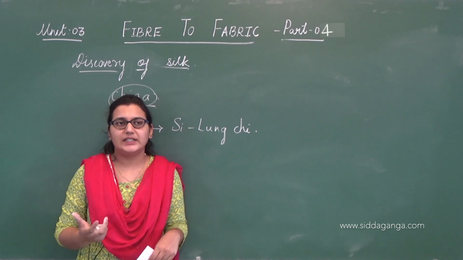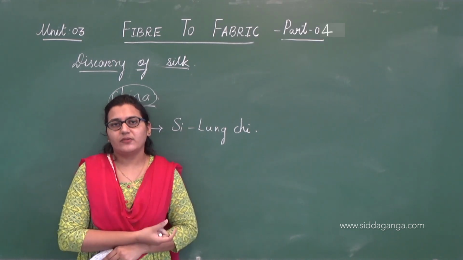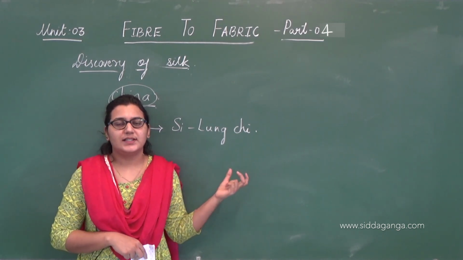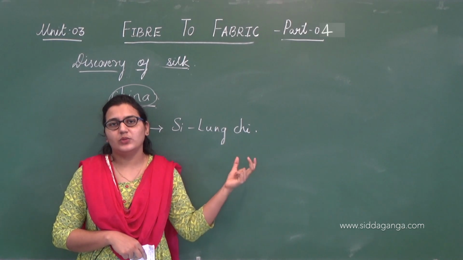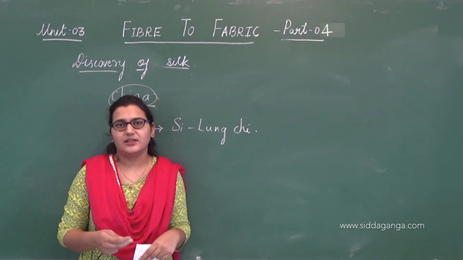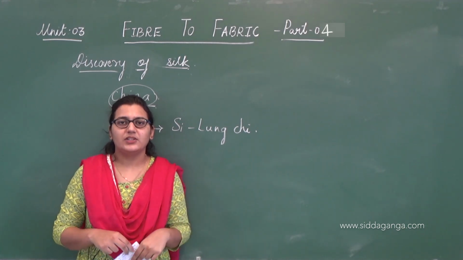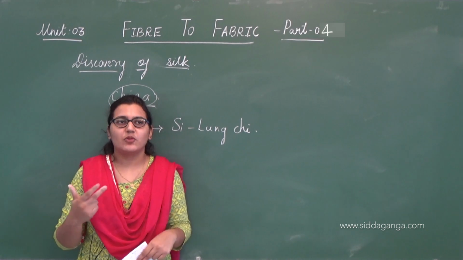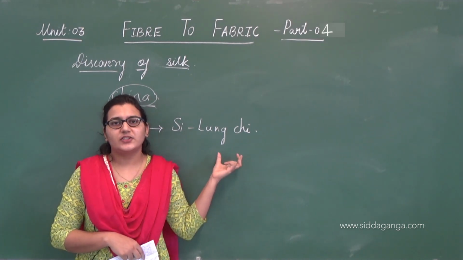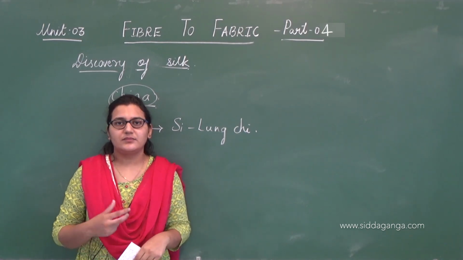We have studied completely in detail how wool is made, from the hair of the animal to the wool fabric, and also the silk. Silk is made from the silkworm, through rearing and processing. This is how wool and silk are obtained. In your higher classes you will study more about artificial fibers. So this is all about the natural fibers, that is wool and silk. Okay, thank you.